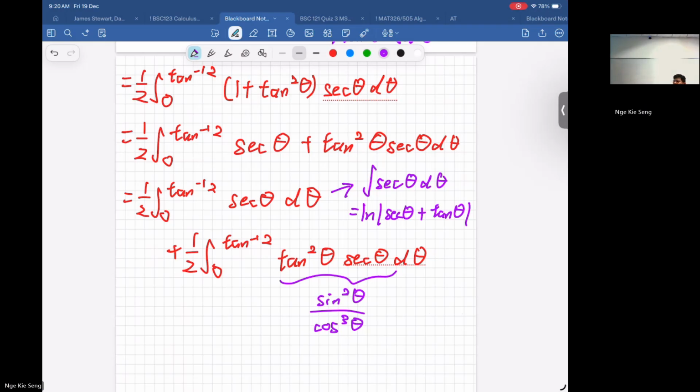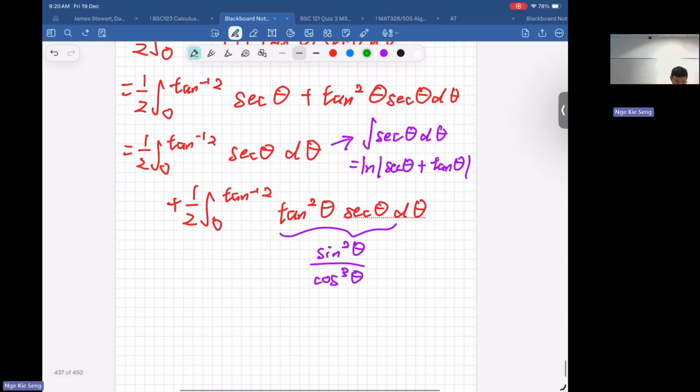Cosine is better. Let's try. If we do u equals cosine theta, du equals minus sine theta, we still have one sine left over. Now what should we do then?